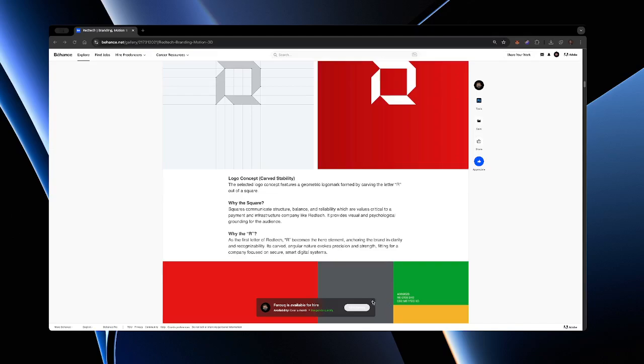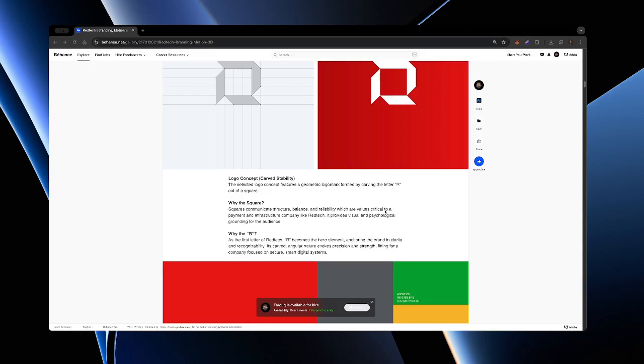So what we are looking at here is a letter R that is being carved from the square shape. Now, when it comes to shapes, we have what we call psychology of shapes. Many times brand designers use it, and especially in the branding world this is a very popular theory, due to how studies and even how we've seen people affected by shapes and how they make them feel.